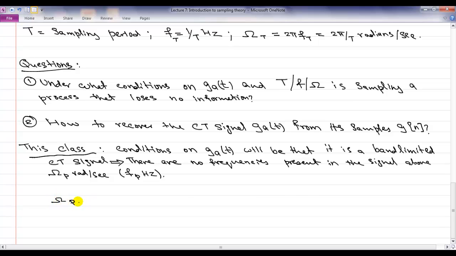So omega p is the highest frequency in g_a(t). And since frequencies tell us the rate at which a signal fluctuates, if we know the highest frequency in the signal, what do we know?